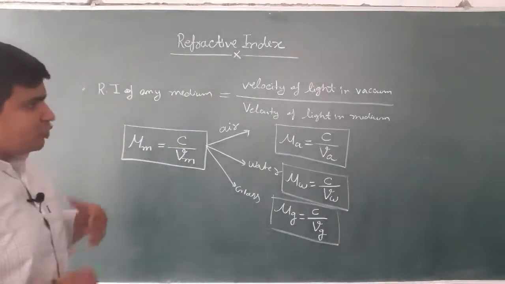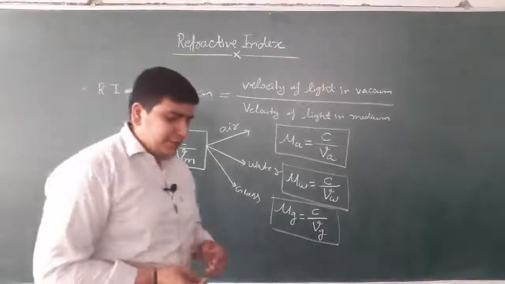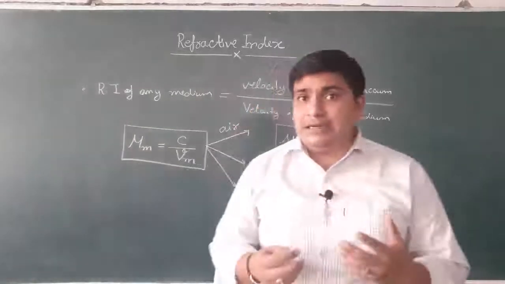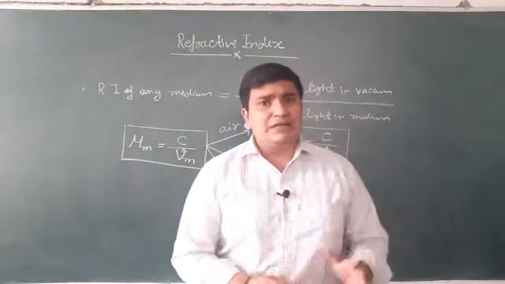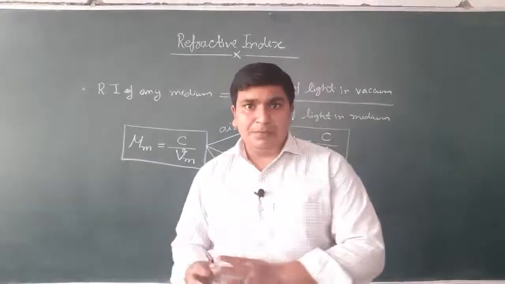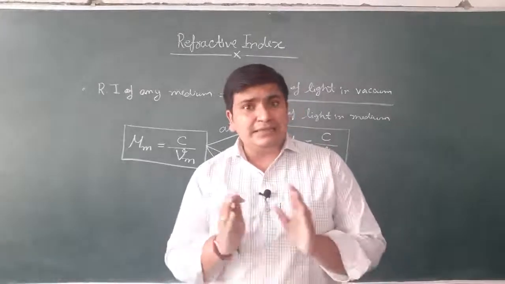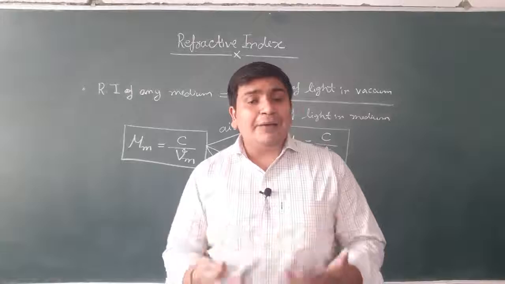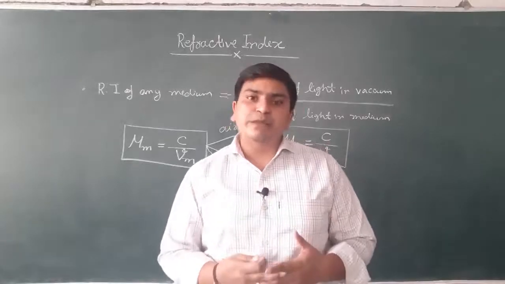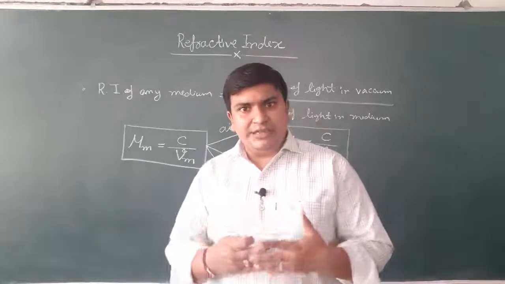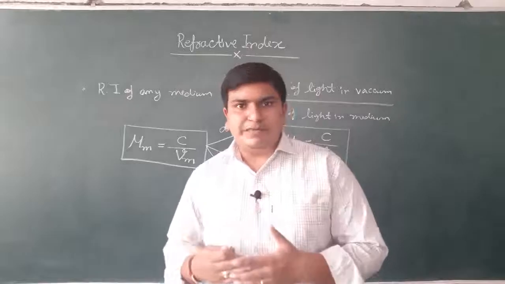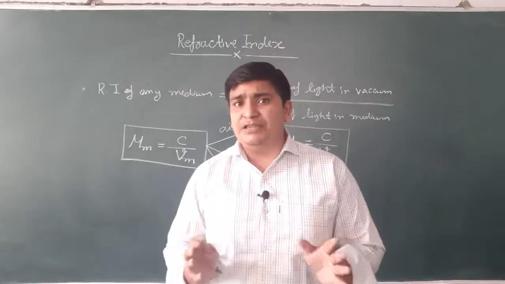Now, in the case of refraction, we learned that when light travels from one medium to another medium, it means light changes its medium. So what happens when it changes the medium? The intermolecular spacing of different mediums is different from each other.